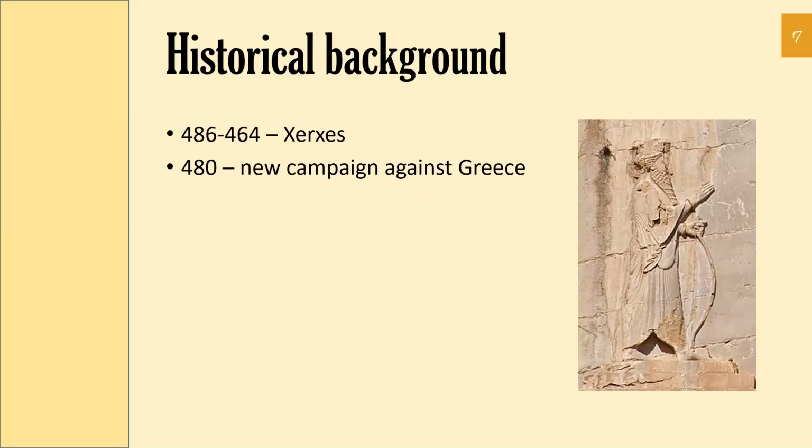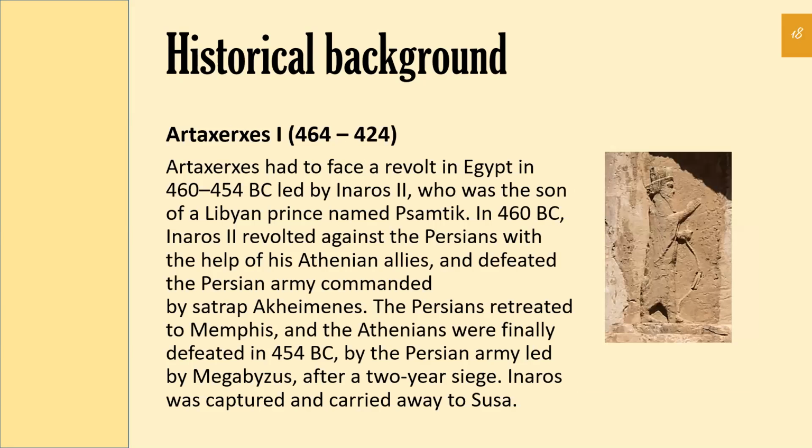And Xerxes, we know almost nothing about him, besides the fact that he is one of the main figures in the book of Esther. He is called Ahasuerus there, and he is also called the same in the book of Ezra. And he also made a new campaign against Greece, and he was also defeated at the battle of Salamis. So both those campaigns were unsuccessful, and they were not able to conquer Greece.